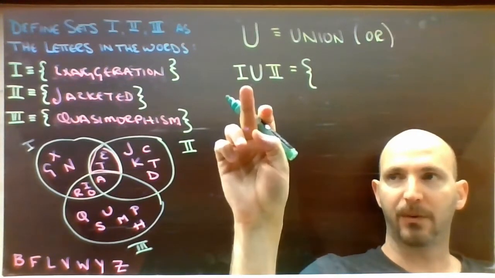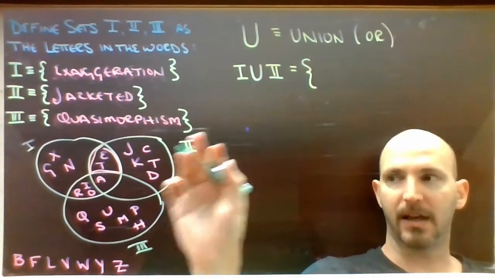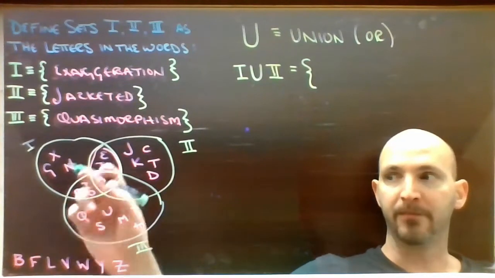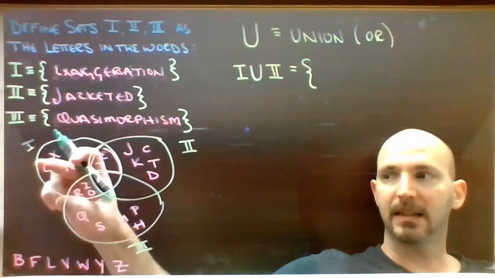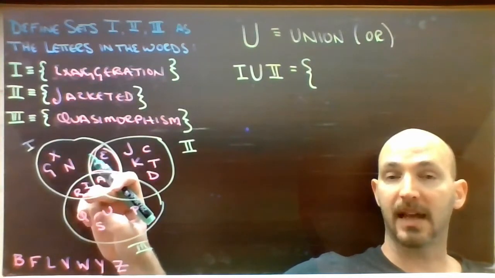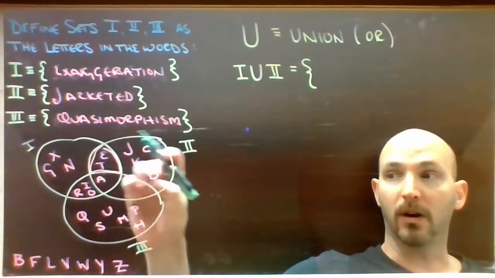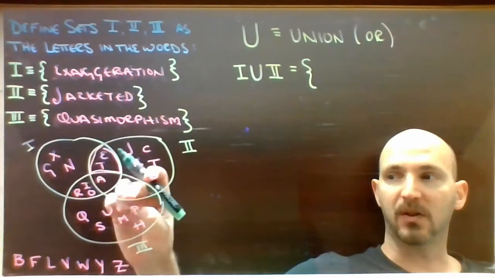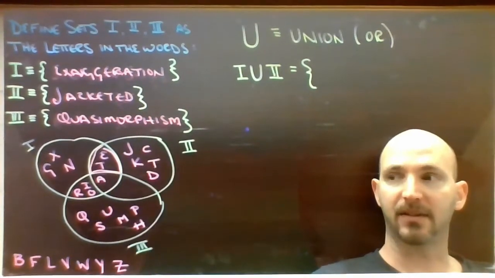If I were to go through and find this place in my Venn diagram, this is going to be anything that lies inside of this circle because it's in set 1, or everything that's in this circle because it's in set 2.